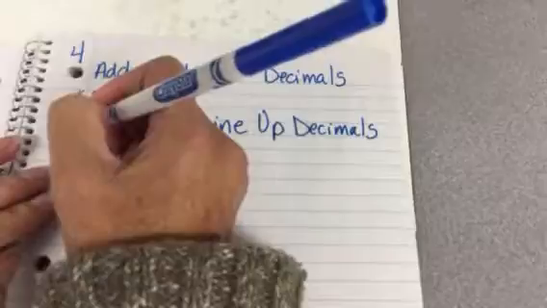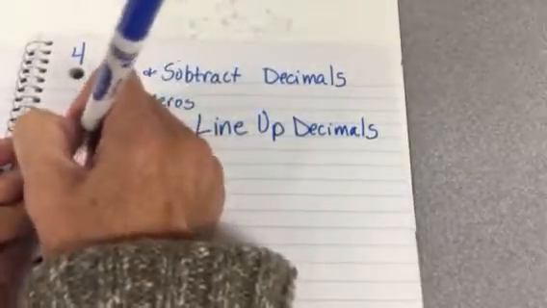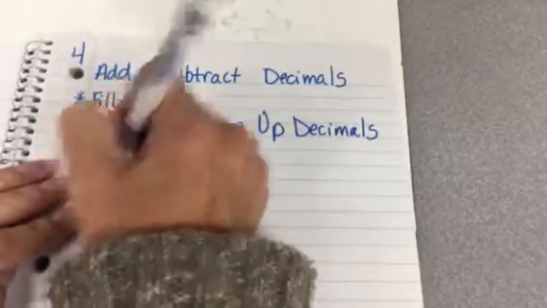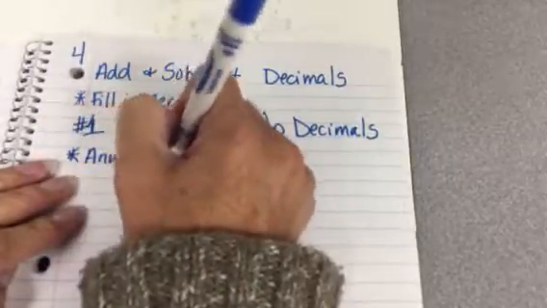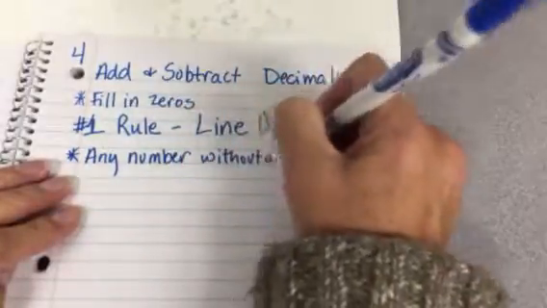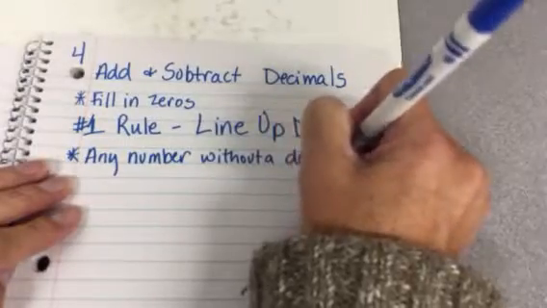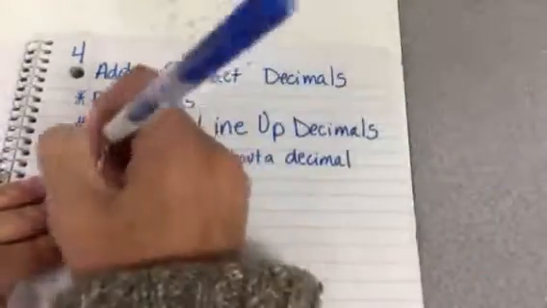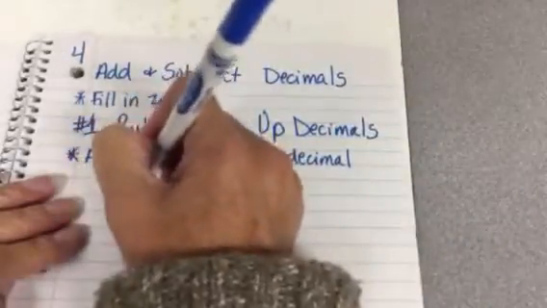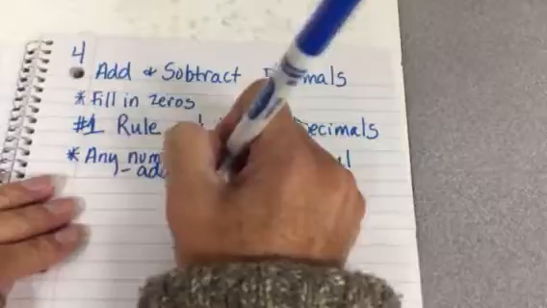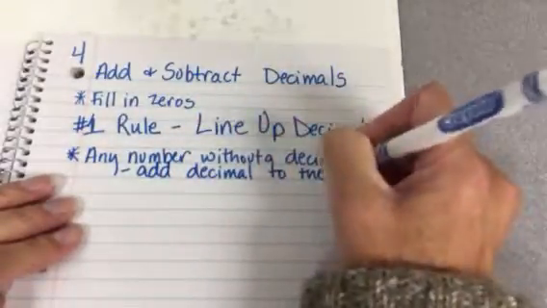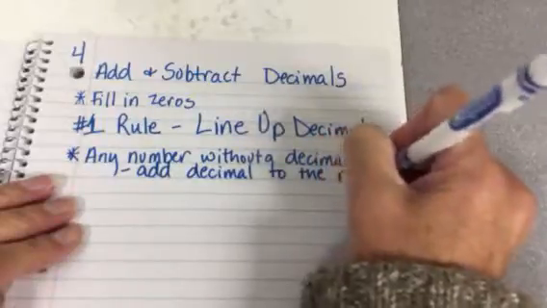One other note that you might come across is that any number without a decimal, you may add a decimal to the right, to the furthest right hand position.